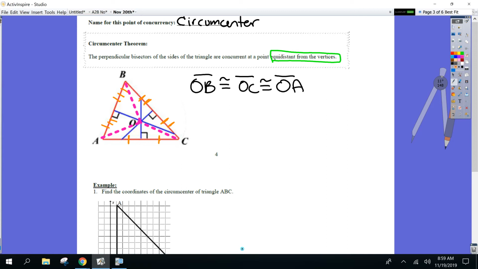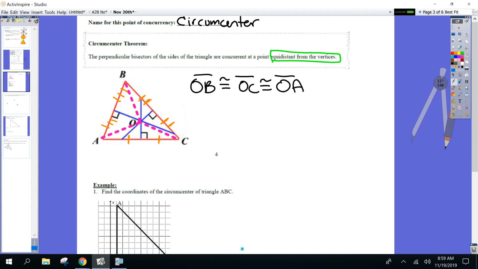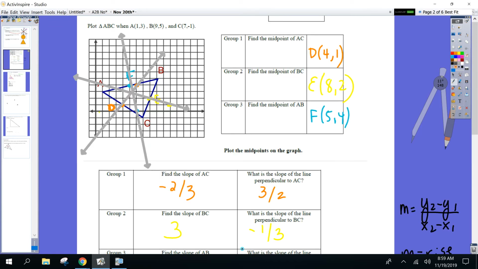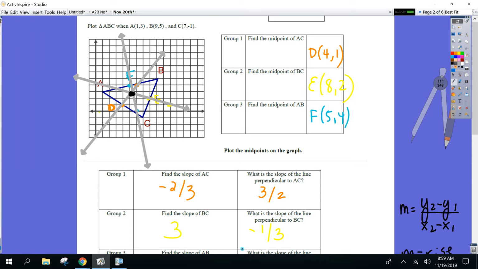So go back to your graph. Go back to your graph right now, everyone, that we did. Can I just get somebody to volunteer a point name for the circumcenter? N?